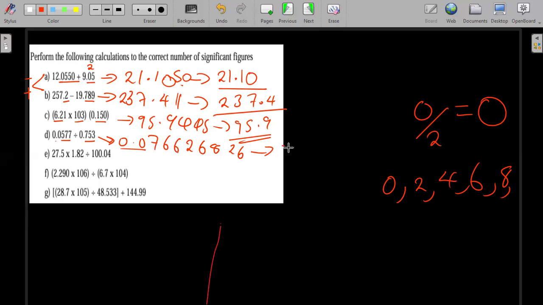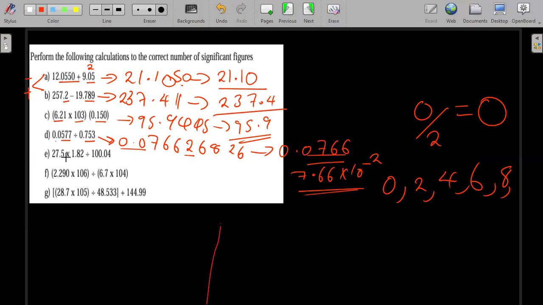So we can say 0.0766, like that. We are ending where 66 is. There's a 2 after it, which is less than 5, so we drop it. Or we can say 7.66 times 10 to the power negative 2. Either of the two is going to be correct.